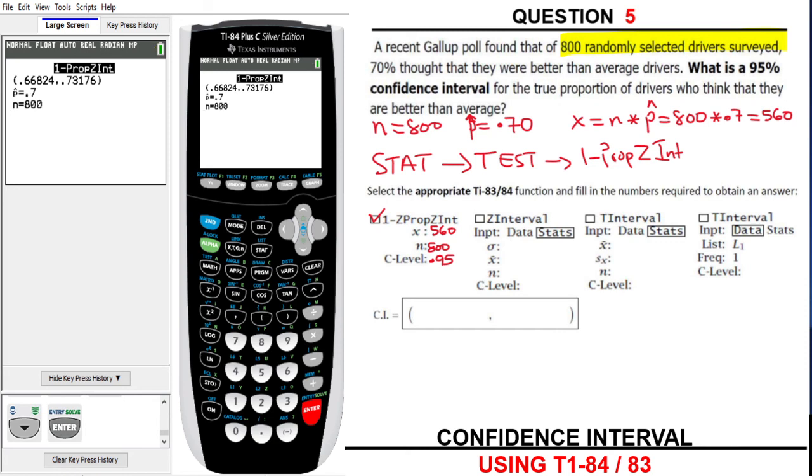Okay, so when we hit Calculate, we have the following answer: 0.66824, comma, and then 0.73176.